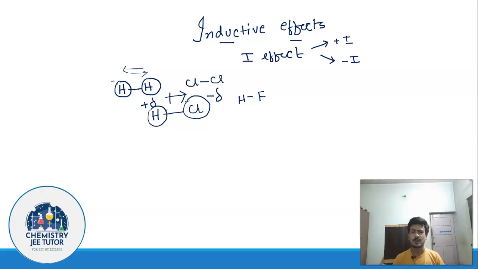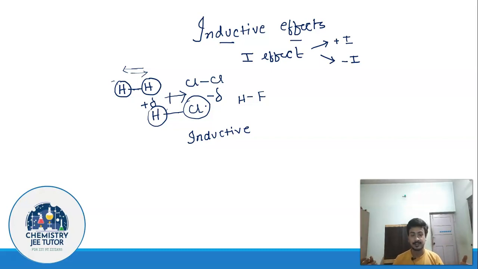This is the case with all heteronuclear diatomics, and this is what is known as inductive effect. Why inductive effect? The more electronegative atom induces a partial delta negative charge on itself and the partial delta positive charge on the electropositive counter atom.